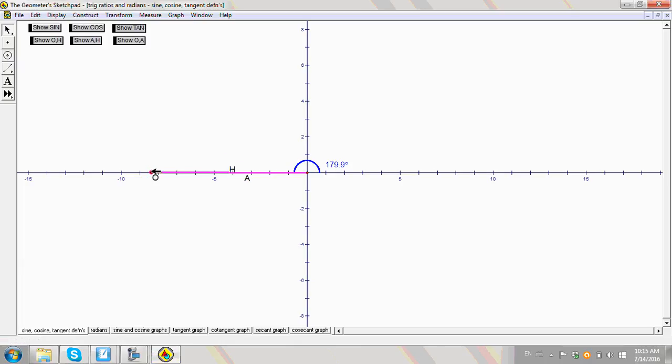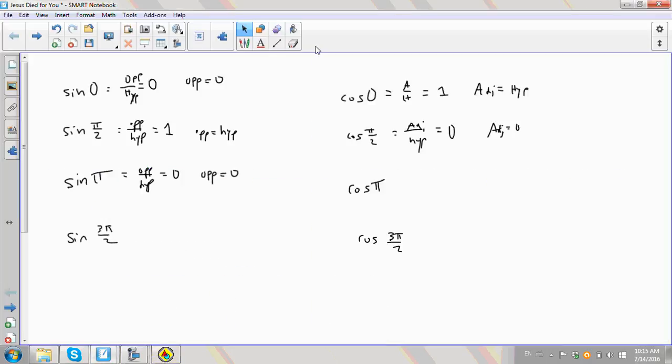So at 180 degrees, A and H have equal magnitude, and we've still got adjacent over hypotenuse, because that's what cosine is. But in this case, the adjacent is the opposite of the hypotenuse. So if adjacent and hypotenuse are the same magnitude but opposite, that ratio will equal what? Hopefully you're thinking and understanding at this point. -1. So that's why the cosine of pi is -1.